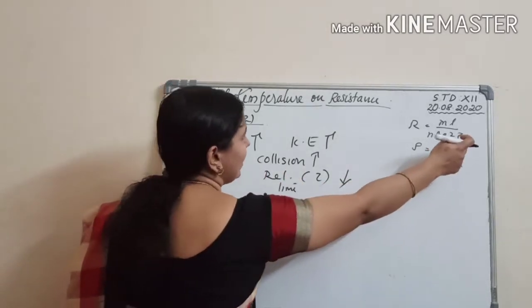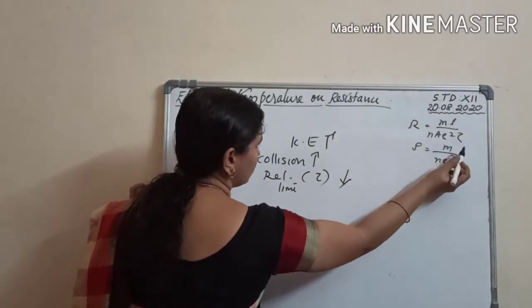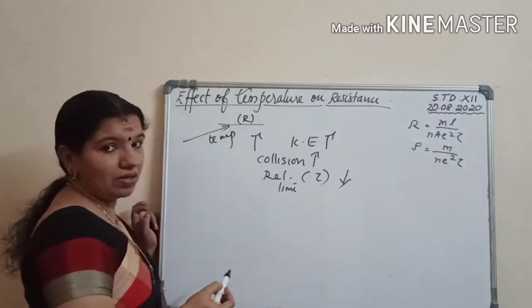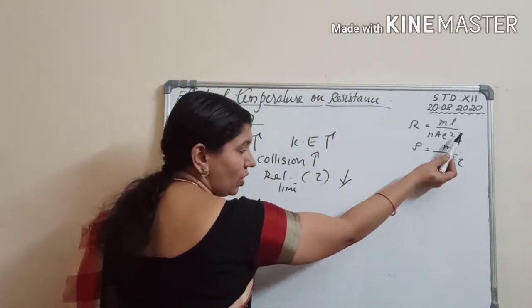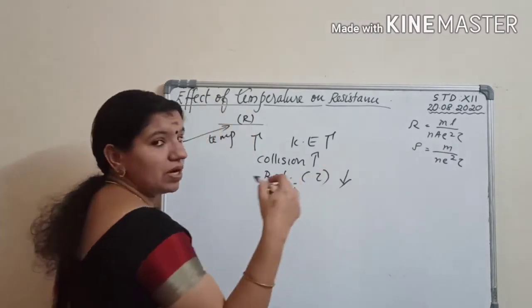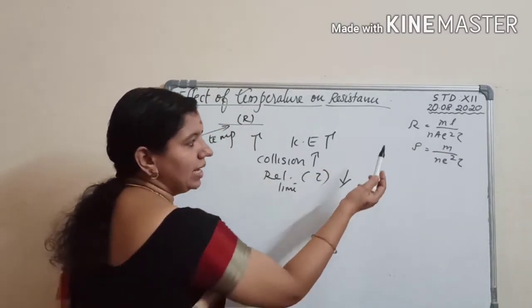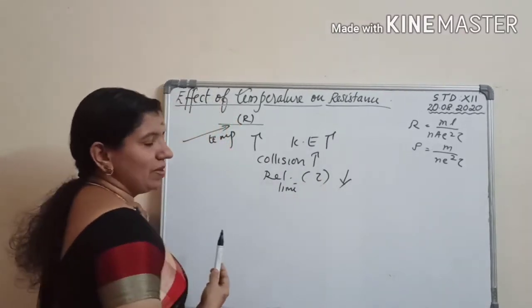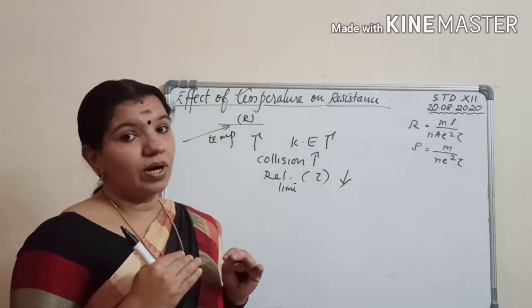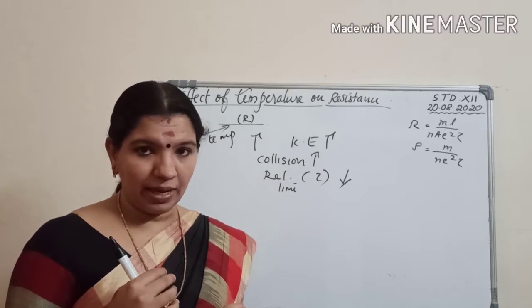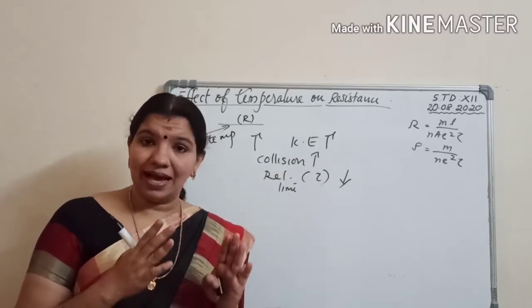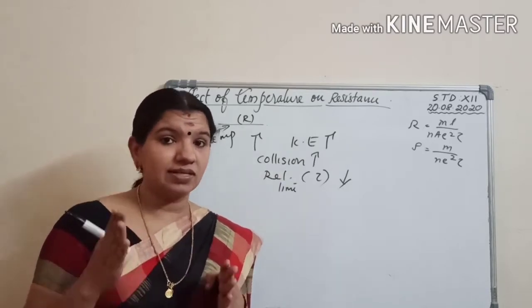Now look here, when the relaxation time is reduced, it is in the denominator part, so the resistance will automatically get increased. Similarly, resistivity also increases because of the decrease in relaxation time.